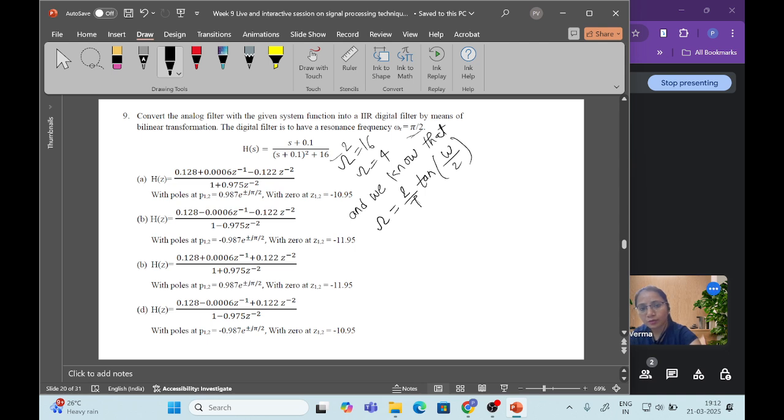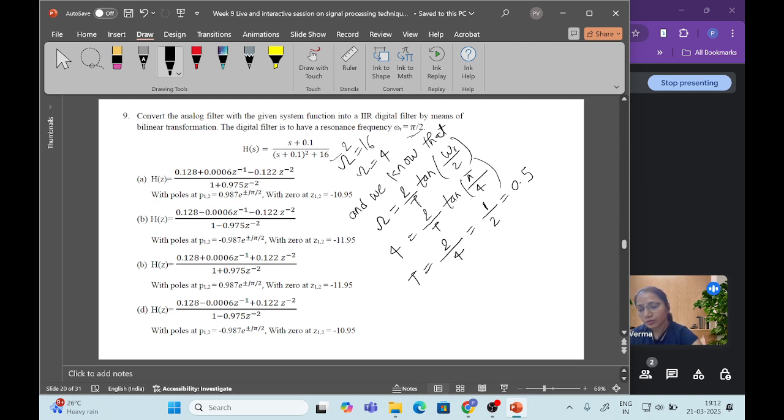So omega from here we have calculated as 4, equal to 2 by T tan, and here the resonance frequency is given, omega r, so pi by 4. The tan of pi by 4 value is 1. So from here T is calculated as 2 by 4, that is 1 by 2, equal to 0.5. Just calculate the value of T.